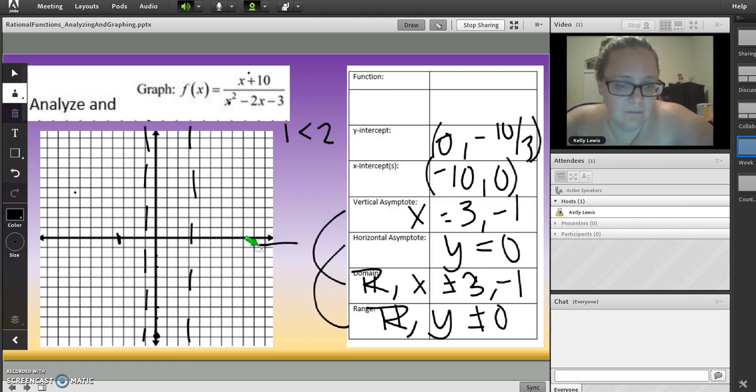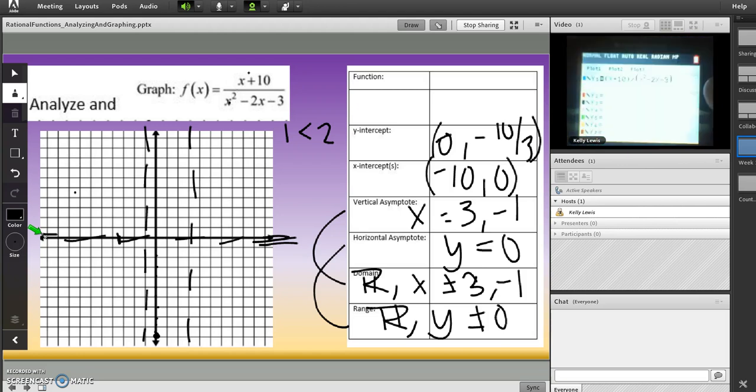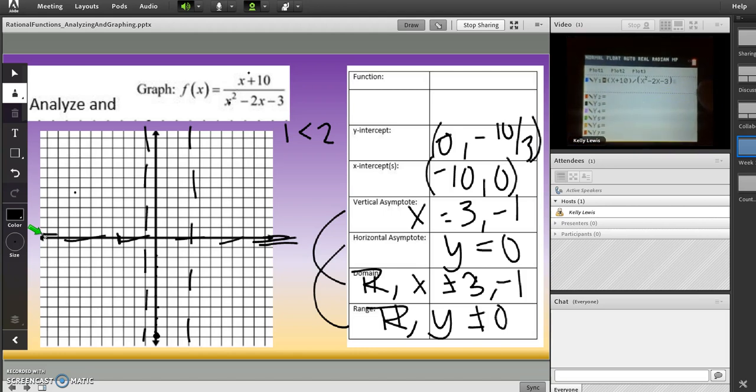And then 0. Right, and then we type x plus 10 divided by, make sure all of the numerator is in parentheses and all of the denominator is in parentheses. Okay, and then graph it.